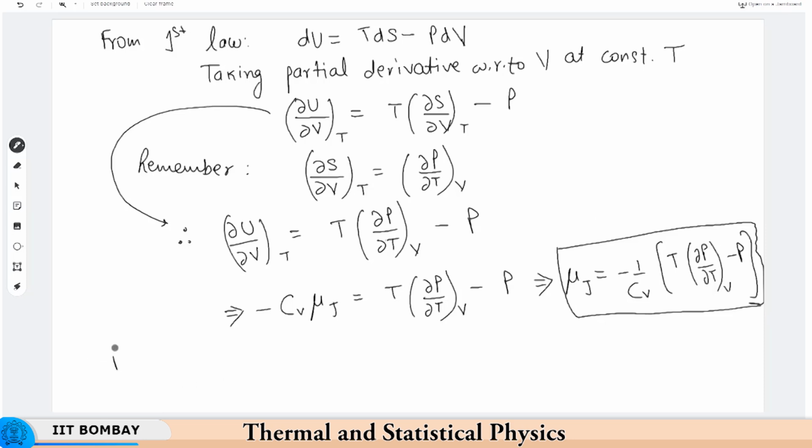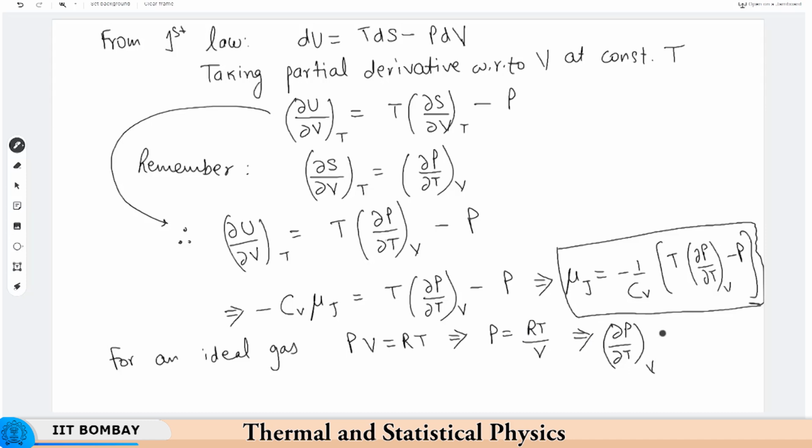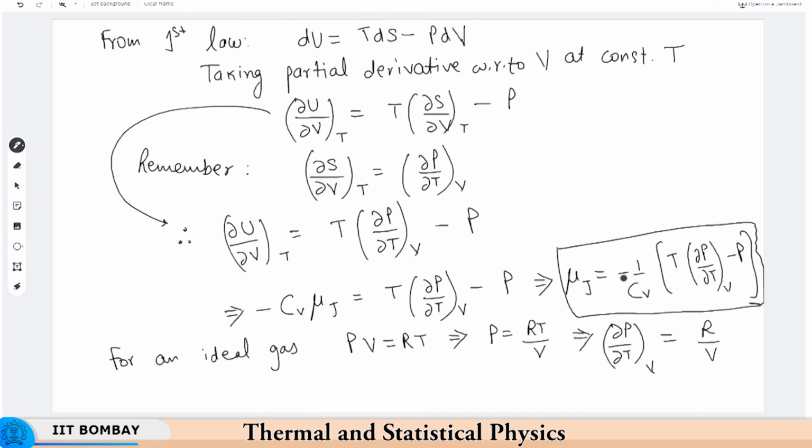So, for an ideal gas, and for simplicity let us just use 1 mole of gas, we know PV equals RT. So, P I can just write as RT divided by V, and if I compute del P by del T at constant volume, it is basically just R divided by V. If I substitute that value here, therefore mu J equals minus 1 by C v times T times R by V minus P, and this is minus 1 by C v times V times RT minus PV, and we know PV equals RT for an ideal gas.